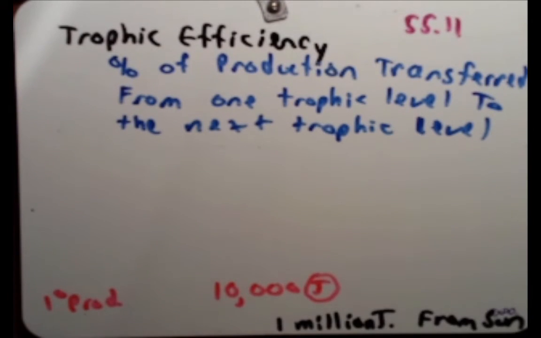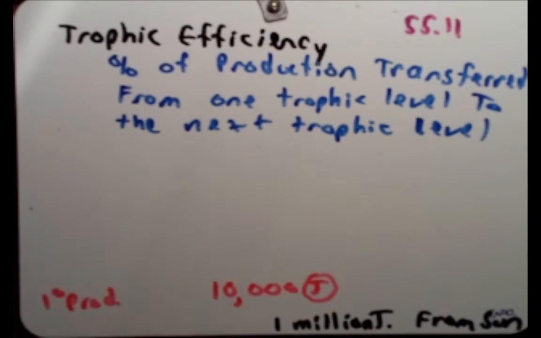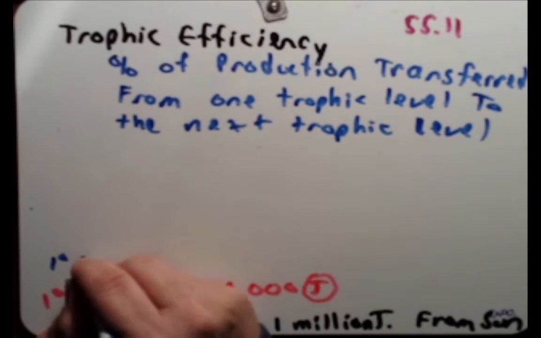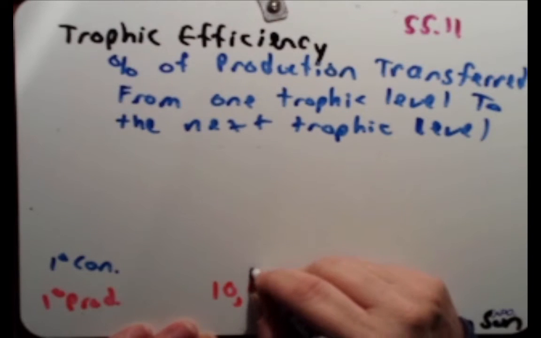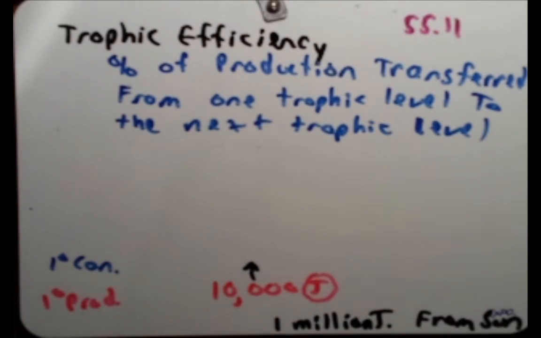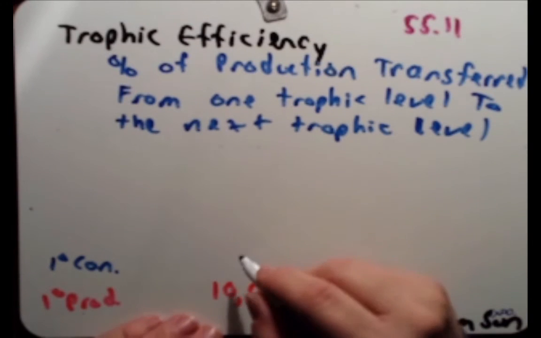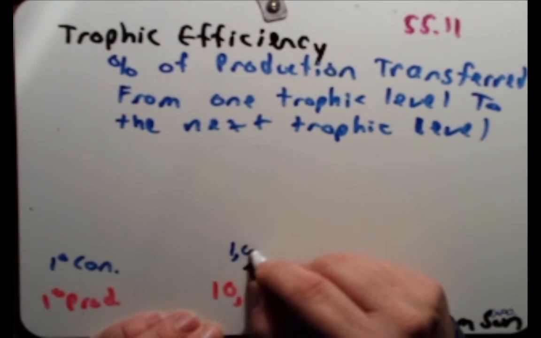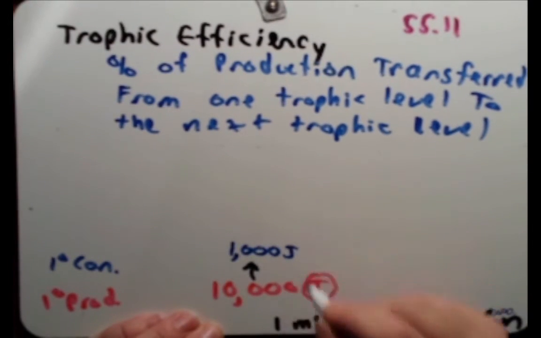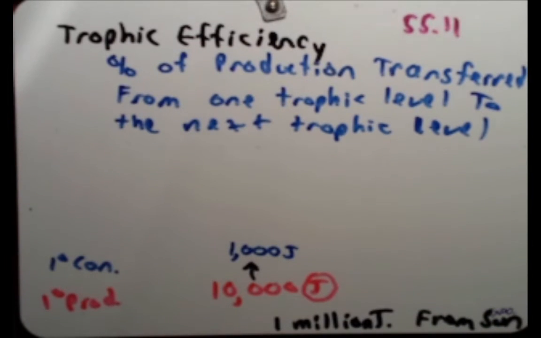Now as we move up the trophic level here, we can go to our primary consumers. As this energy is transferred to these primary consumers, we lose about 90%. And so we only have about 1,000 joules that it can actually use towards biomass. The rest, the other 9,000, is lost due to oxidative cellular respiration and through feces.